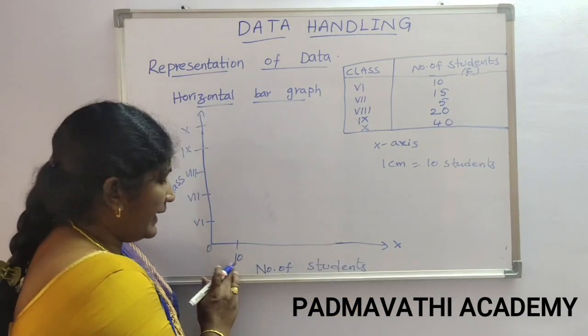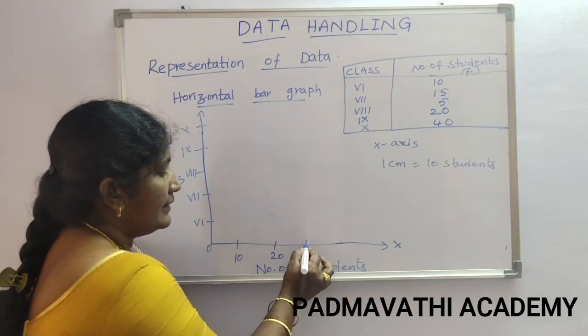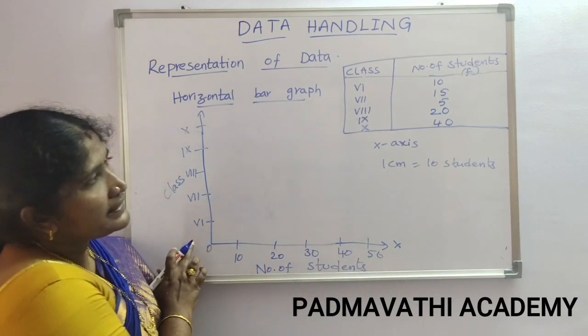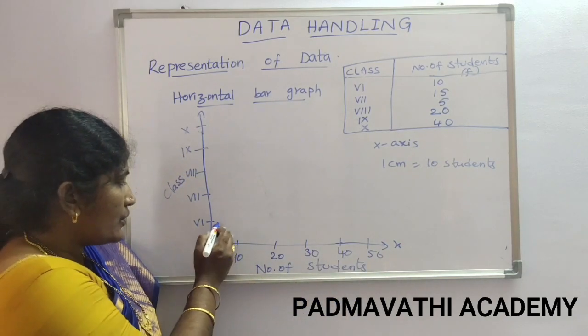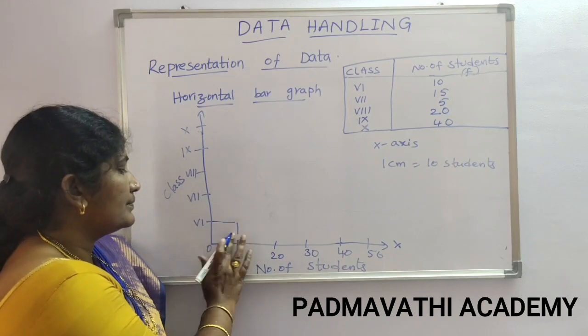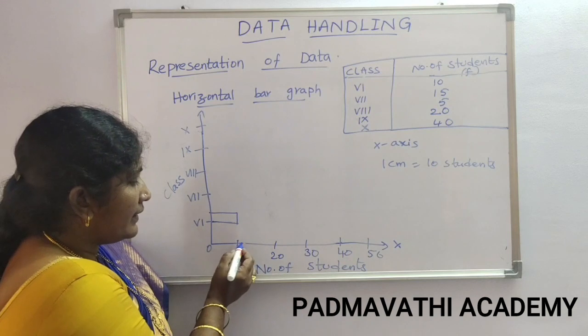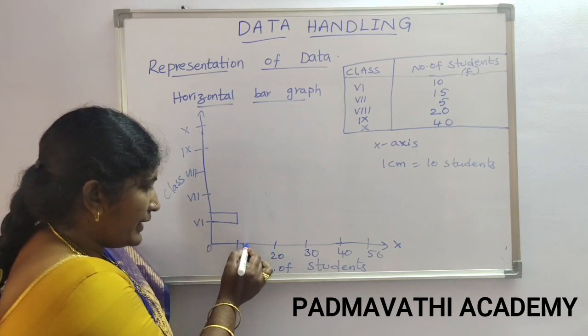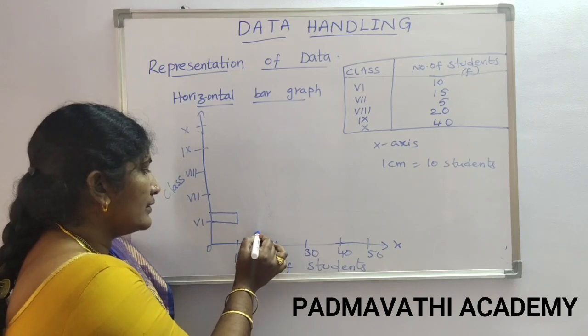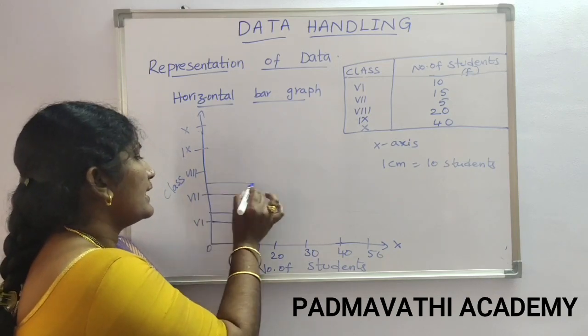Now 1 centimeter is 10, 20, 30, 40, 50. First, 6th class, 10 students, so 6th class will come up to here. This is 10. Next 7th class, 15: between 10 and 20 take the 5th line, 10, 11, 12, 13, 14, 15. Up to here for 7th class.